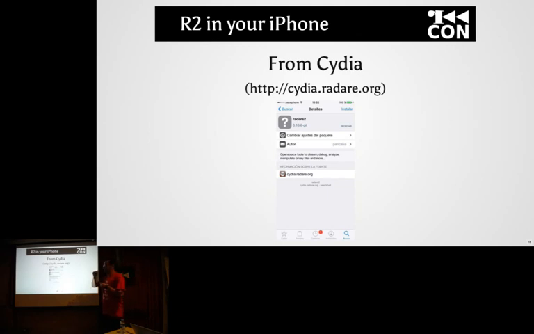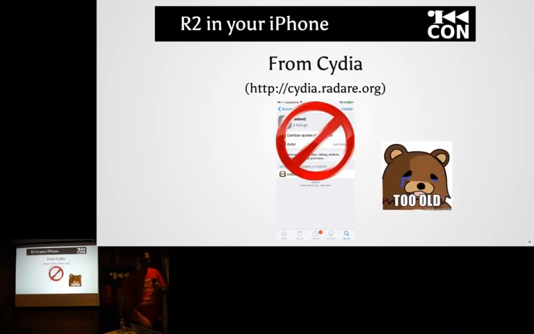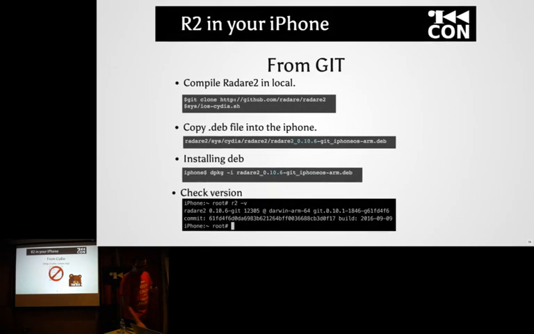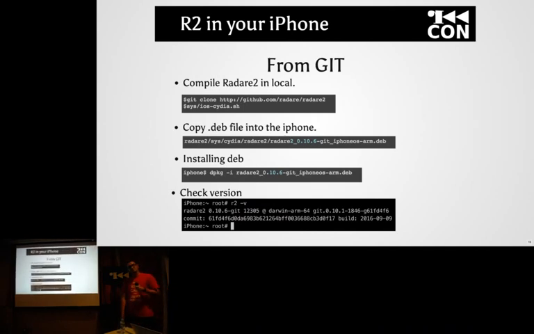First of all, we need radare inside your iPhone. You can install radare using Cydia, the Cydia repo. But you can have the problem that maybe it's not updated, so you are not using the latest version. So the best thing to do is to get it from Git. It's quite easy.